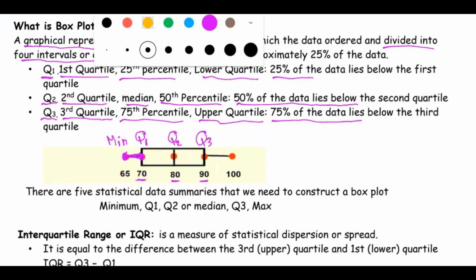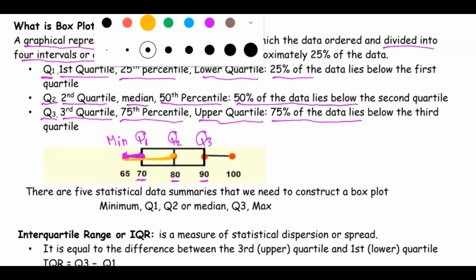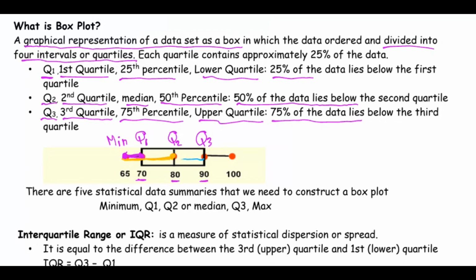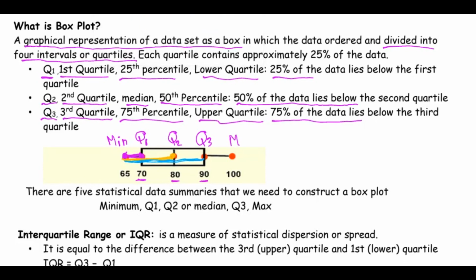Now, from the minimum to the second quartile, we have 50% of the data. And from the minimum to the third quartile, we have 75% of the data. And the last value that we have here is the maximum.